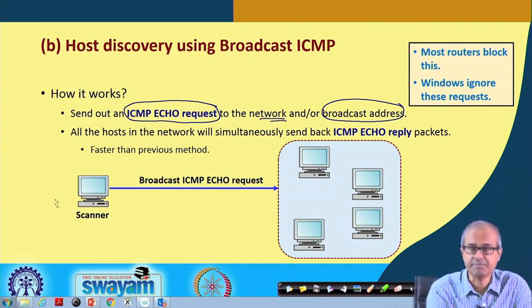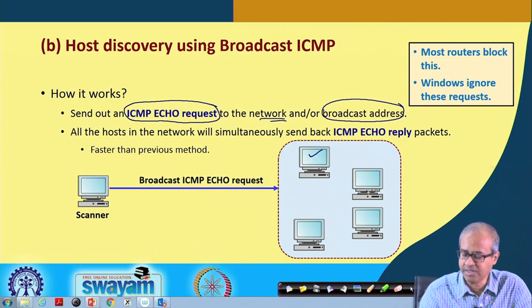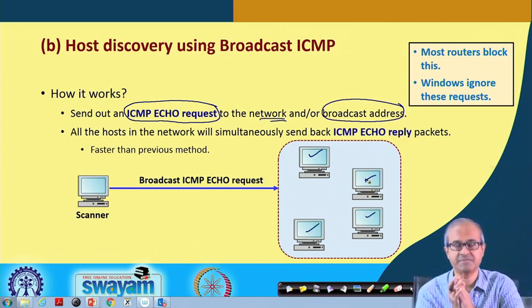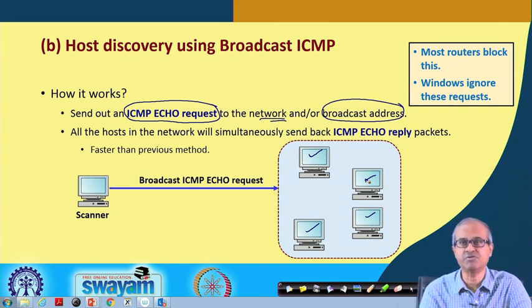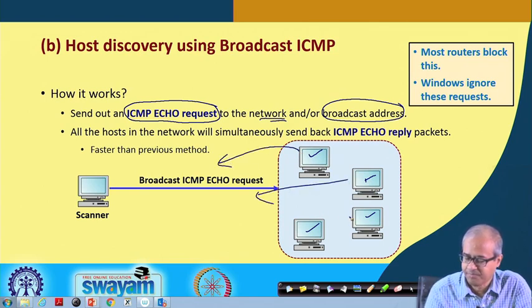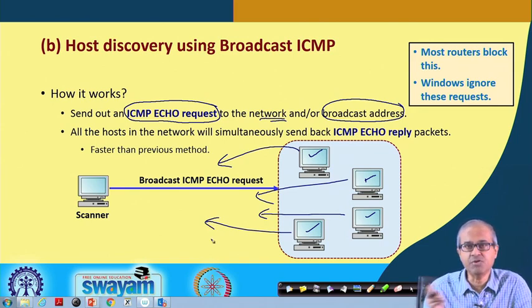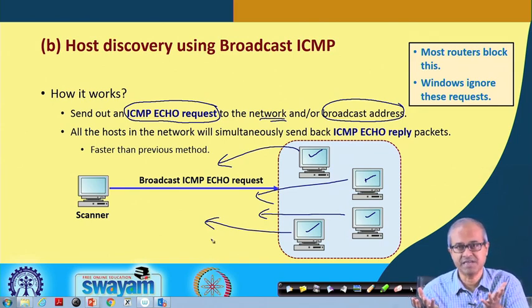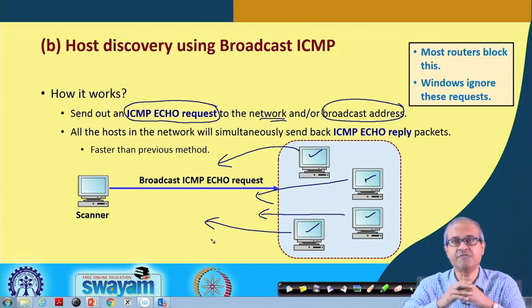The scanner, that means you sitting here, whatever echo request packet you send will go to all the machines at the same time. It will be a broadcast, and when this echo request packet reaches all the machines, all these machines will respond back. So, the scanner will receive all the responses at once, and you will get information about all the hosts together.